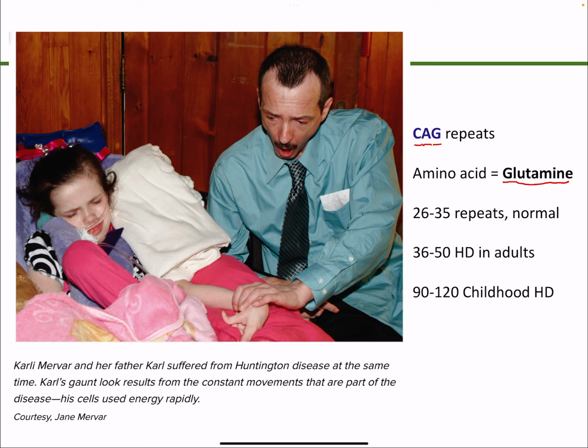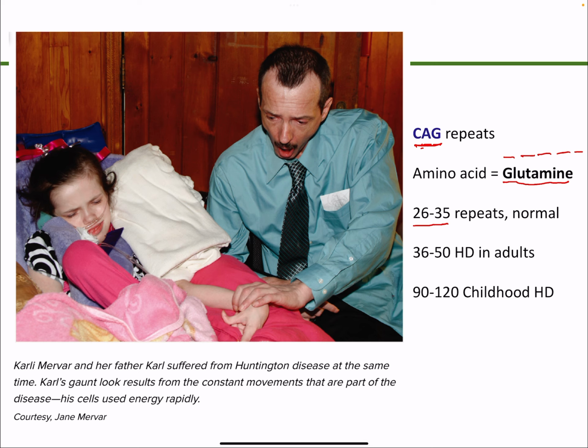In healthy people, the Huntington gene has CAG repeats that vary between 26 and 35 repeats of CAG, which means that we have an alignment of many glutamines, one after another after another.